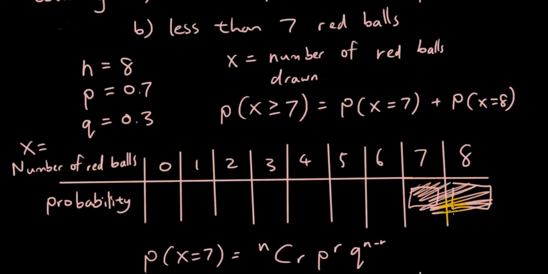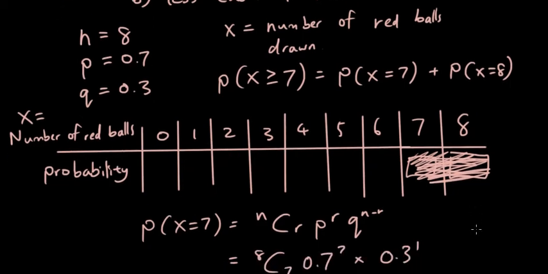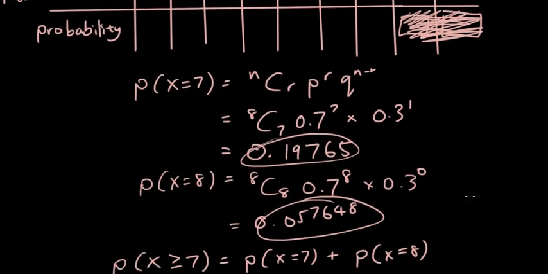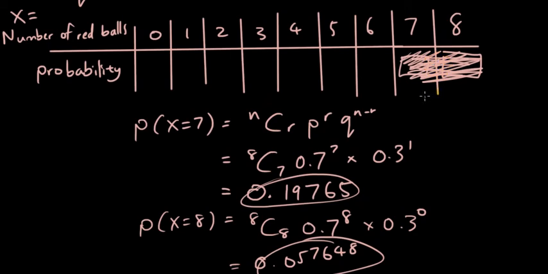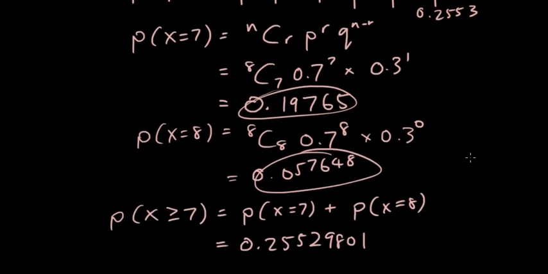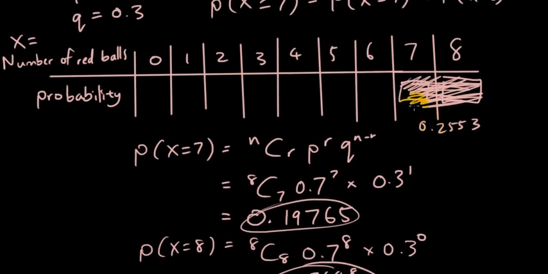These two boxes, we've got that figured out, and that adds up to 0.2552, or just say 0.2553 rounded up. So that's what this section equals. Now we're trying to find X being smaller than 7, so that's this section.